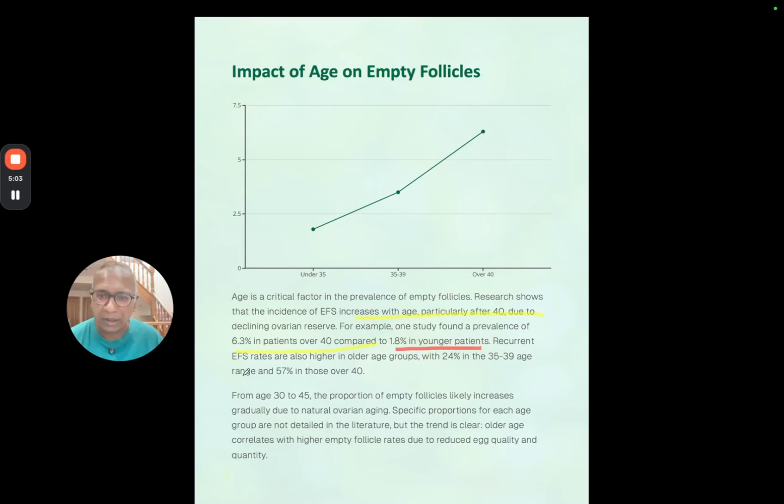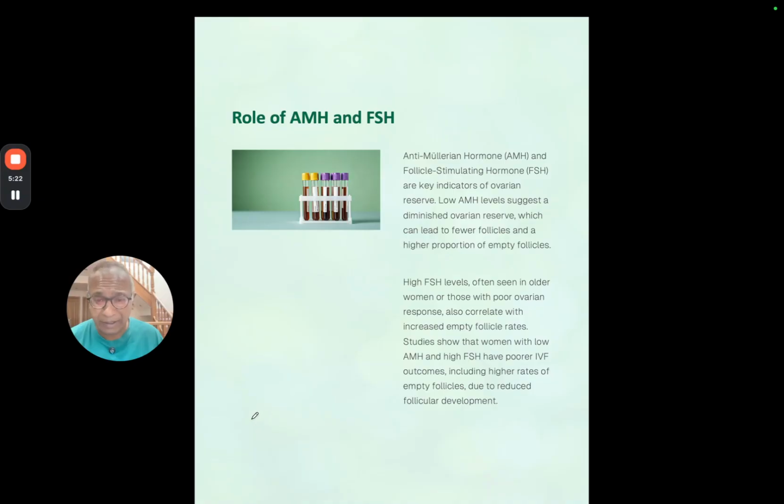Recurrent empty follicle syndrome rates are also higher in the older age group, with 24% in the 35 to 39 age group and 57% over 40. So clearly there is good evidence that age also increases the number of follicles that are empty.